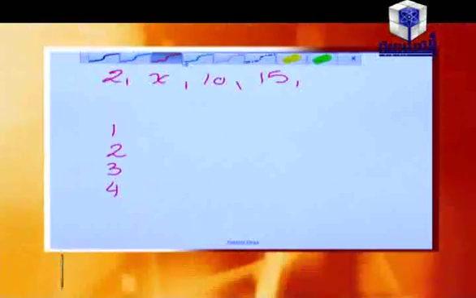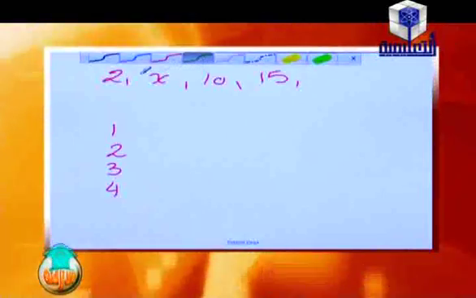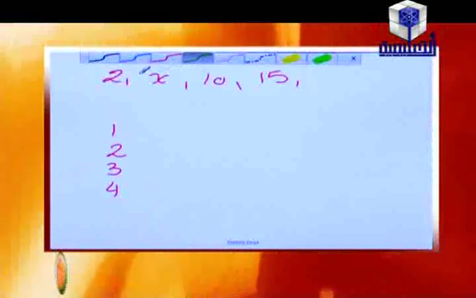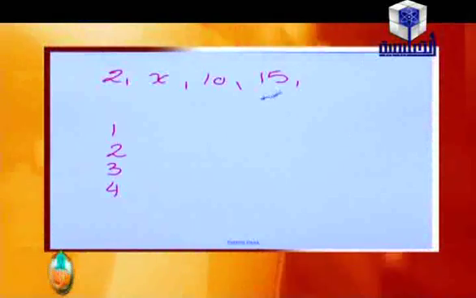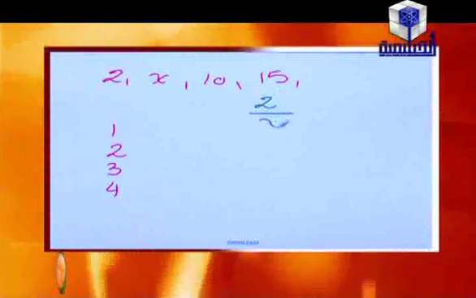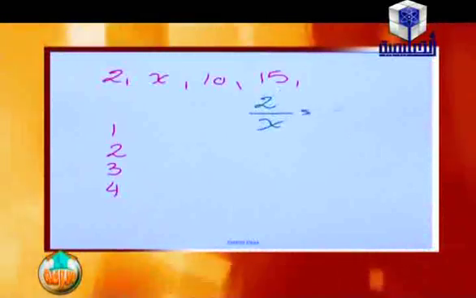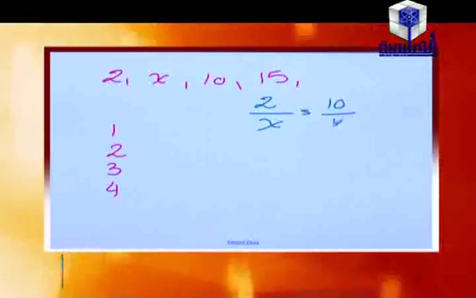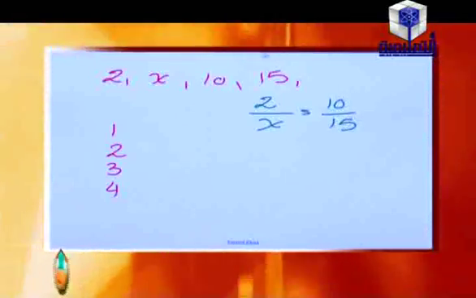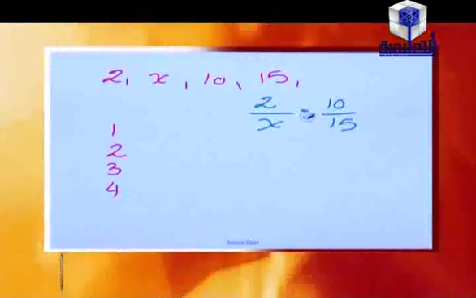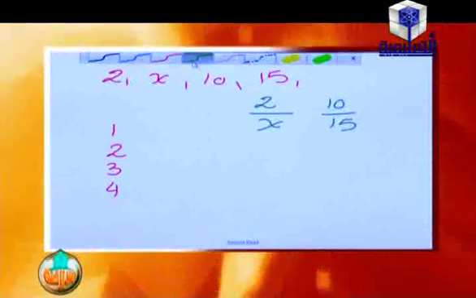We have to convert these numbers from horizontal to fractional form. So 2 over x equals 10 over 15. First over second equals third over fourth.